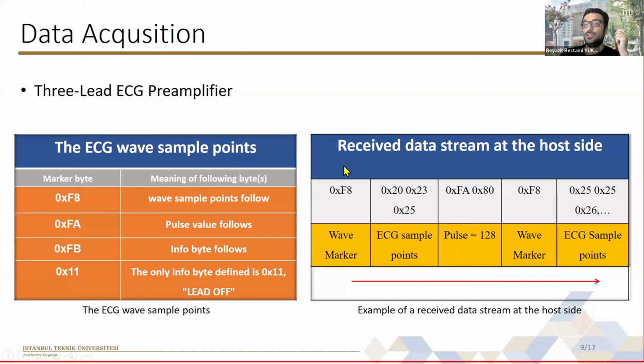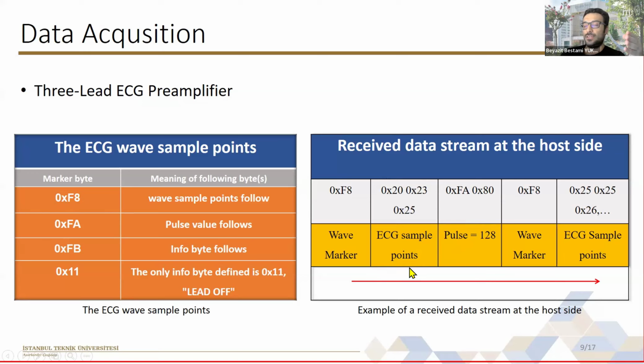As shown here, the wave markers in hexadecimal numbers, for example F8, indicate the start of the ECG sample points, followed by the pulse values FA, and the additional wave markers, demonstrating a continuous and sequential data stream aligned with the time axis.